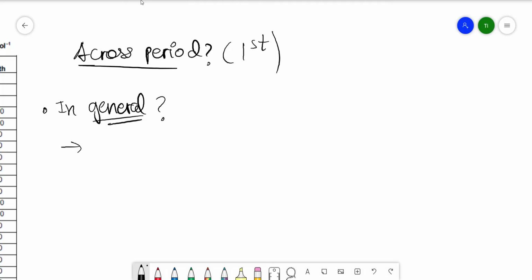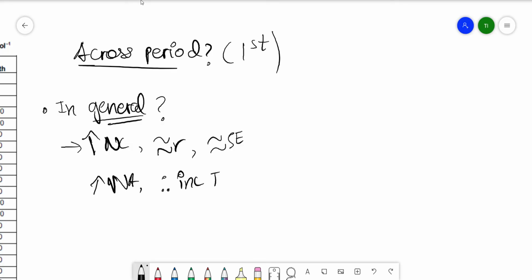That is because across the period, there is an increase in nuclear charge, and electrons are added to the same shell, so the distance between the nucleus and the outer shell electrons is reasonably constant. Because electrons are added to the same shell, the shielding effect is also reasonably constant. Because of that, there's an increasing nuclear attraction, and therefore increased ionization energy.